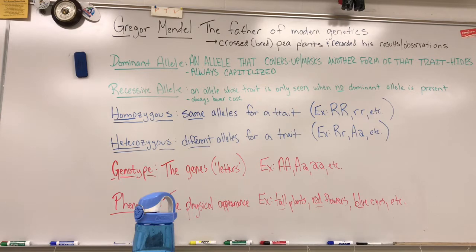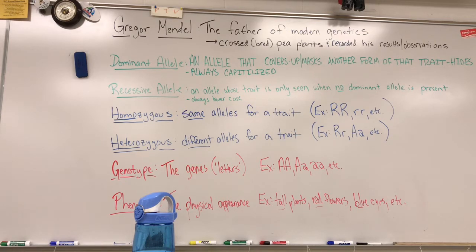Not always the case. We're going to start with the ones that are dominant or recessive. Sometimes there are in-betweens, but that's what we're going to start with. A recessive allele, on the other hand, is an allele whose trait is only seen when no dominant allele is present. And we always use a lowercase letter. Okay? So it asks for an example, I think.